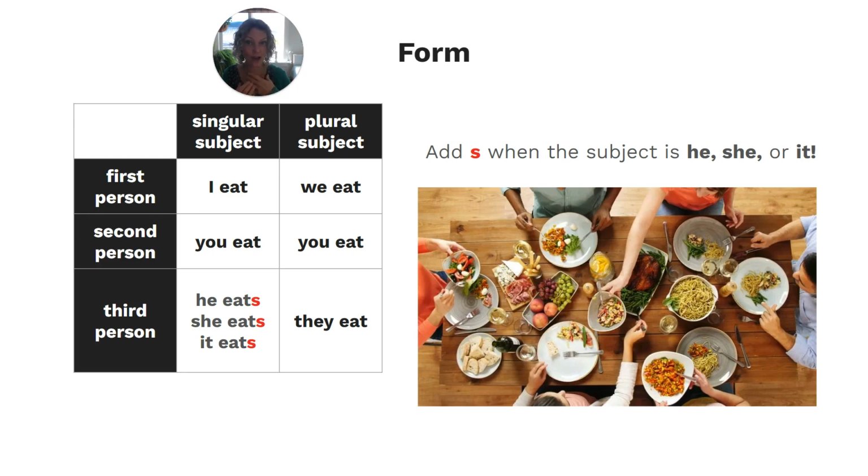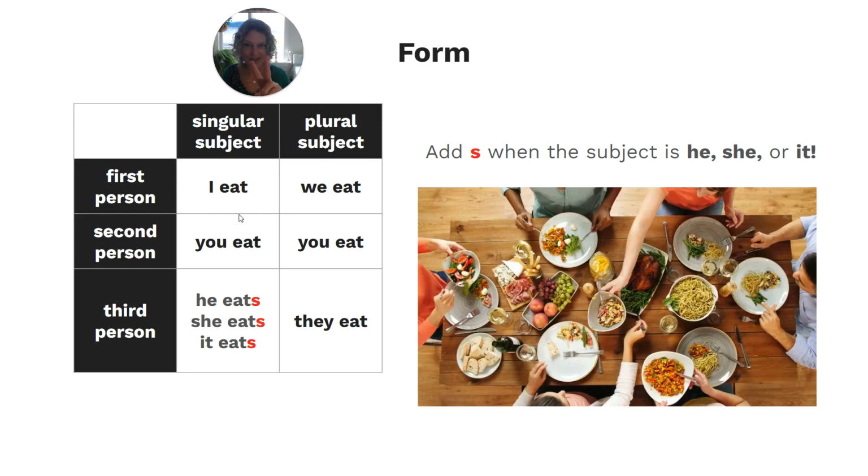There's only one me, only one I. So in the present tense, when you have first person singular subject, it's I eat. Easy, right? So base form of the verb, no S, no ing, no ed.